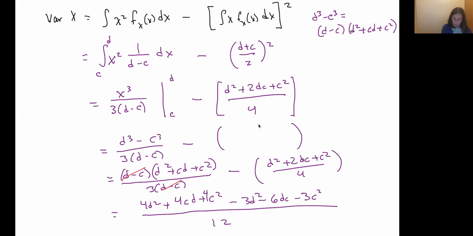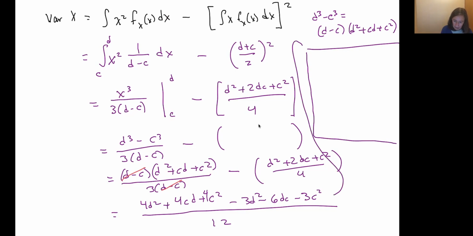Okay, let's see if I can carve out a little bit of space here, because we are going to simplify, although I am running out of space. So this equals, I've got 4d squared minus 3d squared, that leaves me d squared.